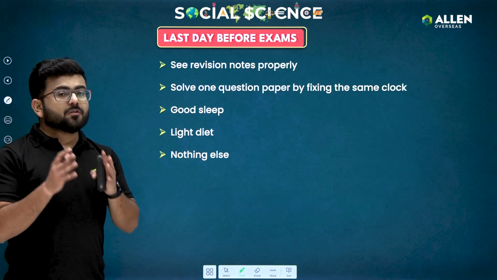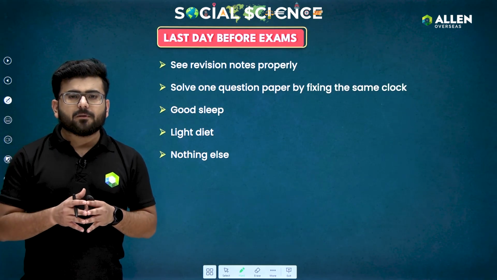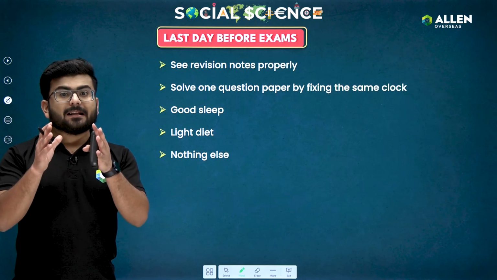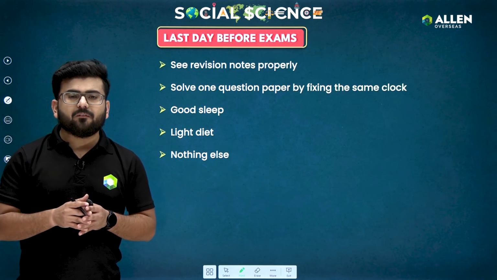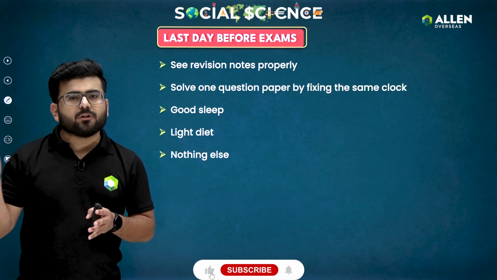Next to it, students, this is all about the making of the body clock. Just before the social science examination, we have many days of leave. So we can fix the same clock and solve many papers at the same time as the examination.